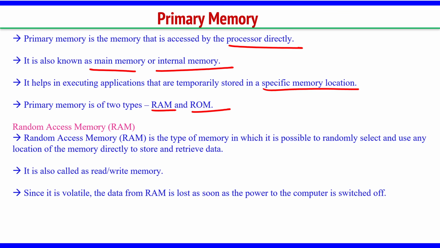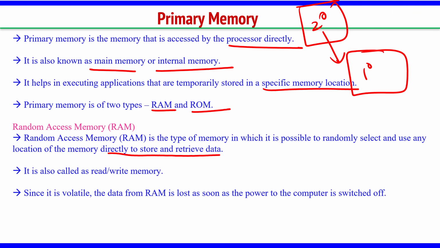RAM stands for random access memory. RAM is a type of memory in which it is possible to randomly select and use any location of the memory directly to store and retrieve data. When some data is coming from a secondary storage to primary memory, if I am using RAM, I can store it anywhere I want inside this memory area.